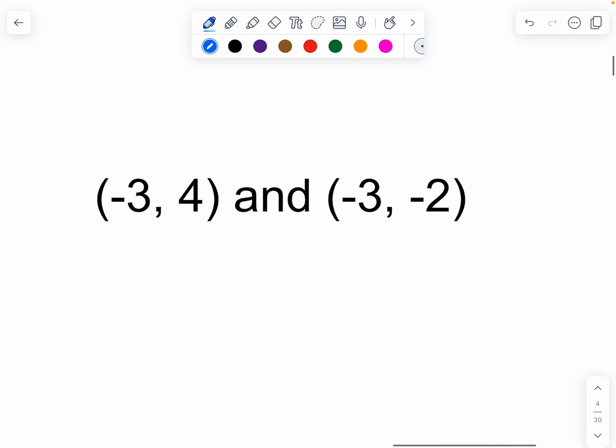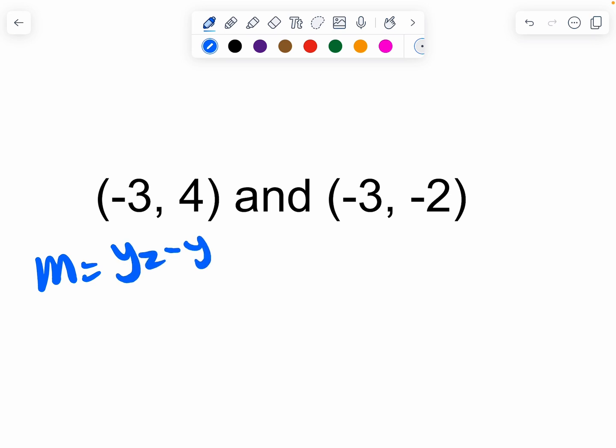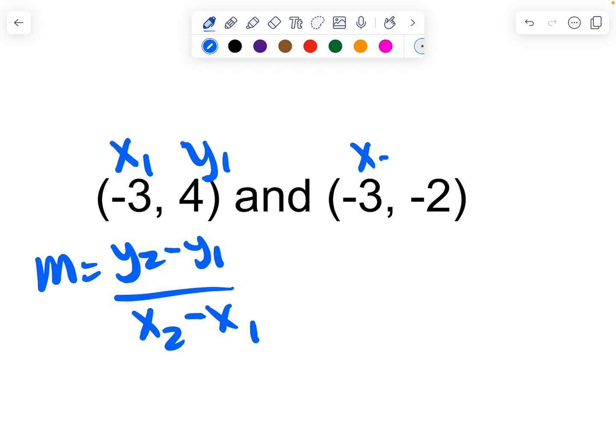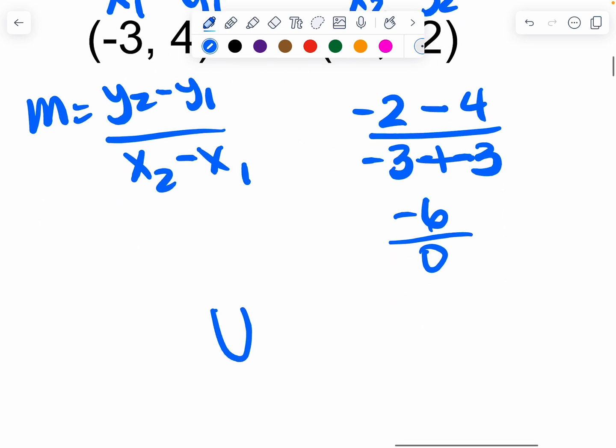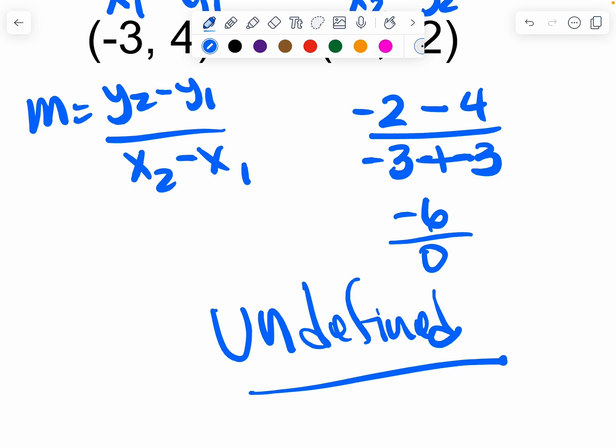Okay, we're going to come over to this one. Again, y2 minus y1, x2 minus x1. Negative 2 minus 4 over negative 3 minus negative 3. So I get negative 6 over 0. That would be undefined. You can never have a 0 in the denominator.